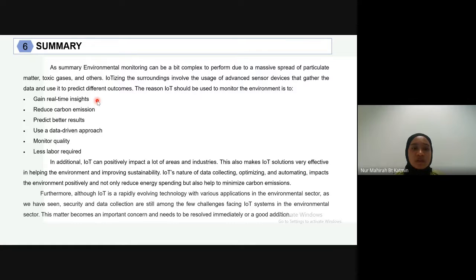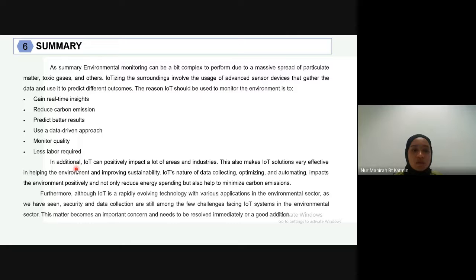So, IoTizing the surroundings involves the usage of advanced sensor devices that gather data and use it to predict different outcomes. The reasons IoT should be used to monitor the environment are to gain real-time insight, reduce carbon emission, predict better results, use a data-driven approach, and monitor quality, and of course less labor will be required.